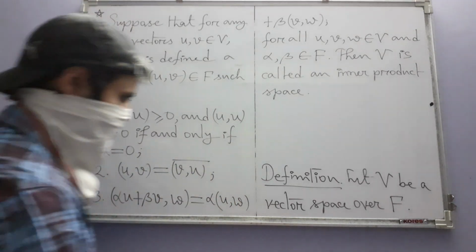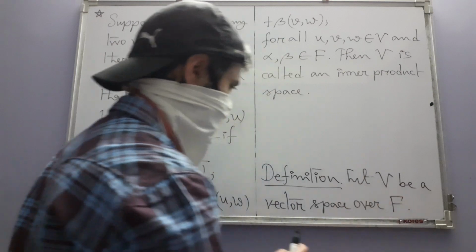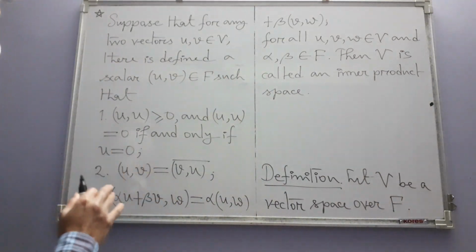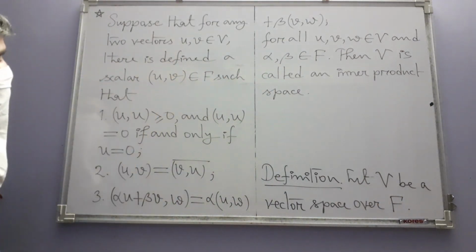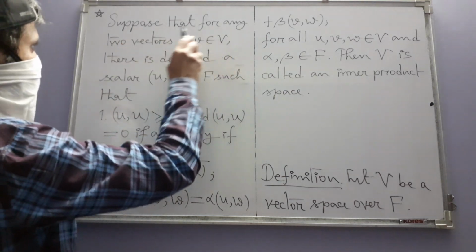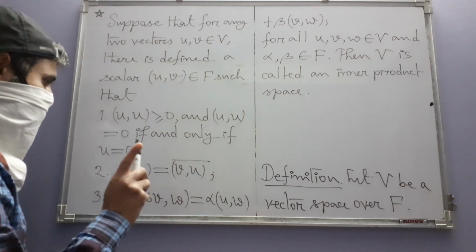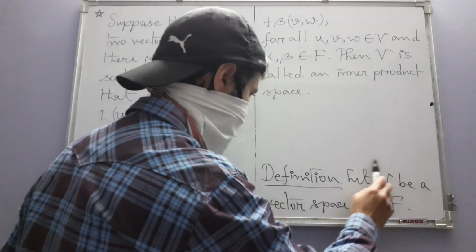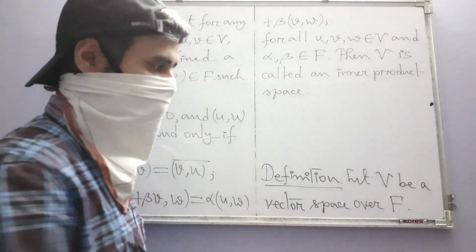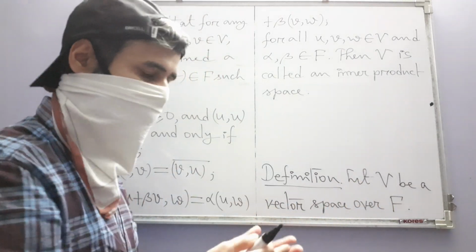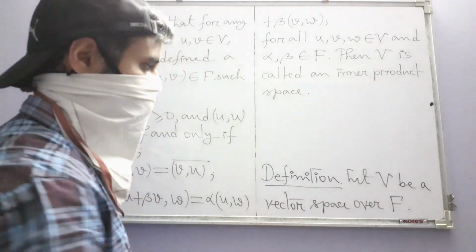So with that convention, we go on to write these things. Suppose that for any two vectors u and v in V, keep one more thing in mind, that V may be a general set, but F is either the field of real numbers or the field of complex numbers.